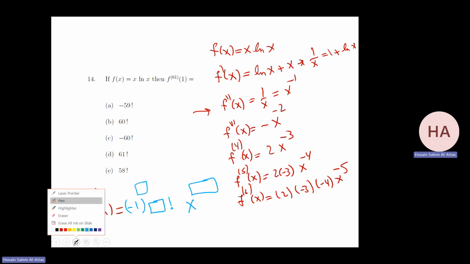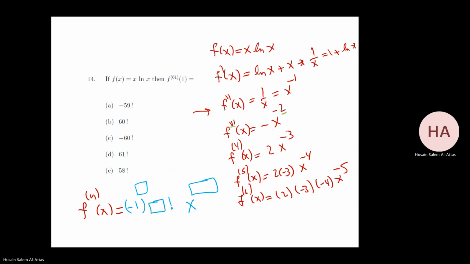Okay. Now let me see what these things are. So the third, minus 2. Fourth, minus 3. Fifth, minus 4. So that will be minus n minus 1, n minus 1, sorry. So the fourth, it will be 4 minus 1, 3 minus 3.